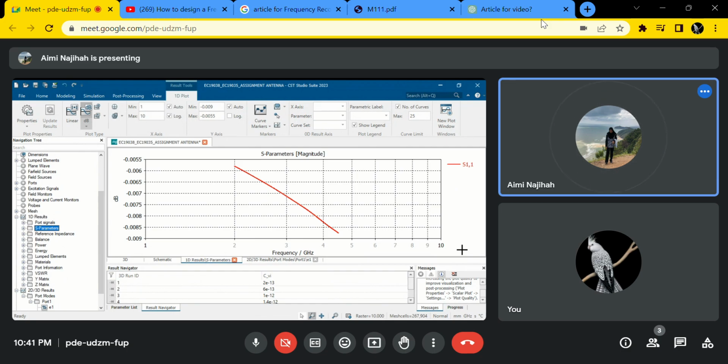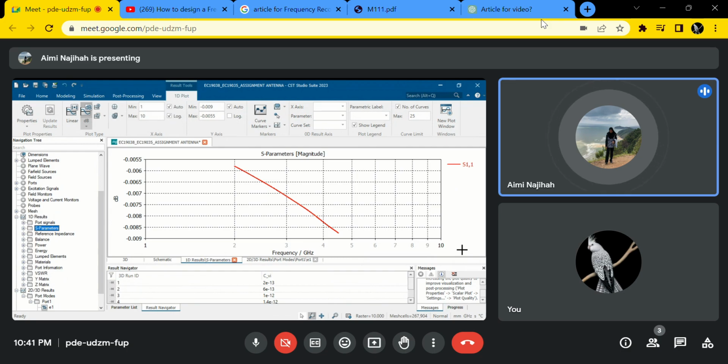So, finally, this paper proposed a frequency reconfigurable microstrip patch antenna using microstrip feeding technique for the frequency band from 2 GHz until 4.5 GHz.